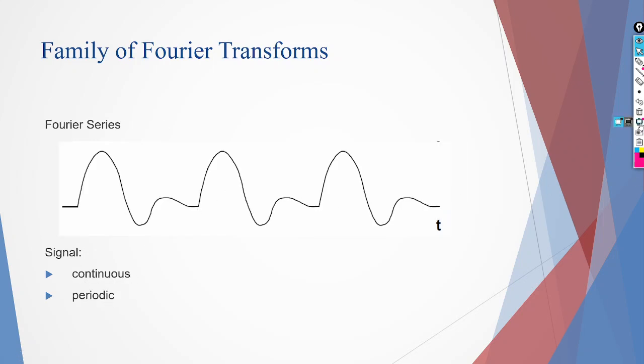Now your signal repeats over and over, and in that case, your Fourier series is represented by this: the signal equal to the summation. Now the summation is not an integral, it's a limited sum of your components, let's call them C complex, multiplied by e to the power of j k omega capital T, like so.